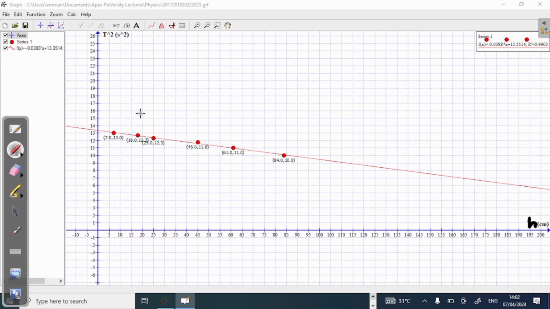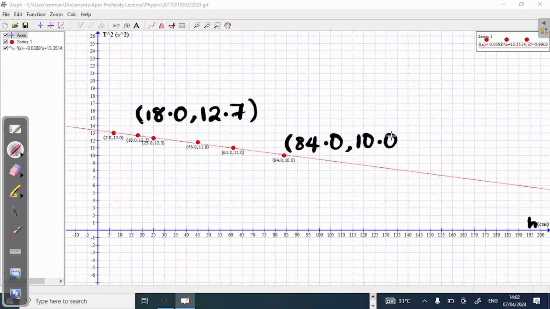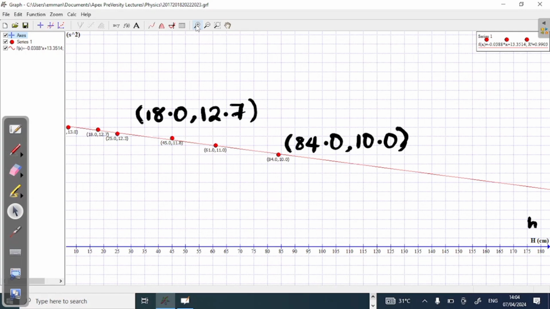This point here is about 84.0, 10.0. Just for teaching purposes, let me zoom in so we can see this clearly.